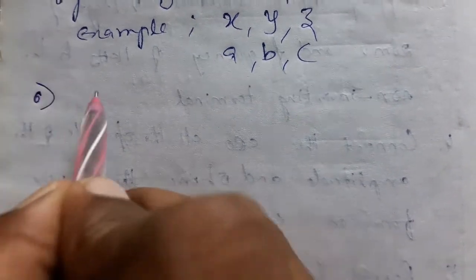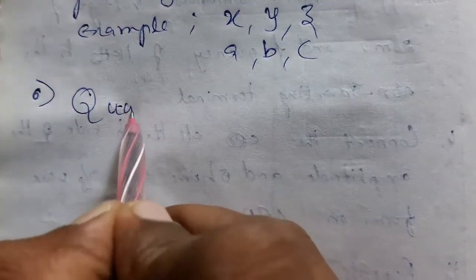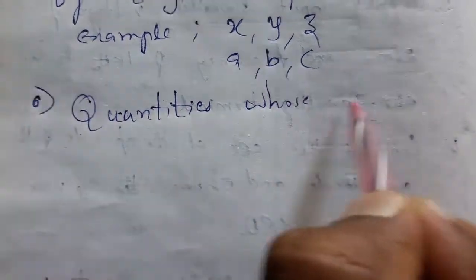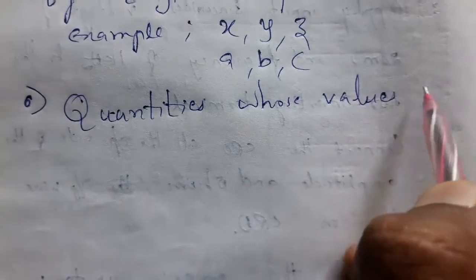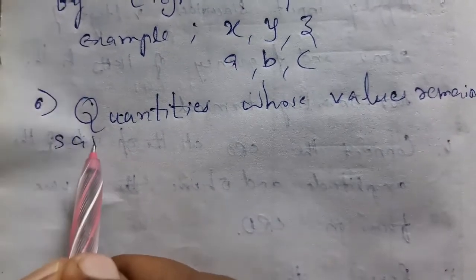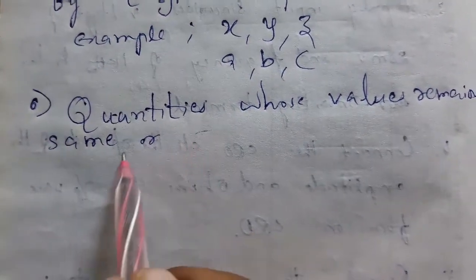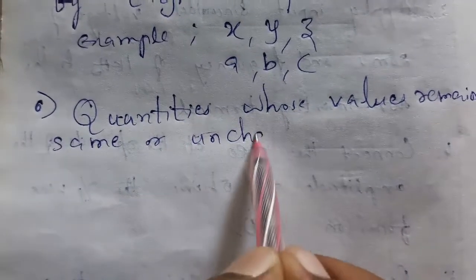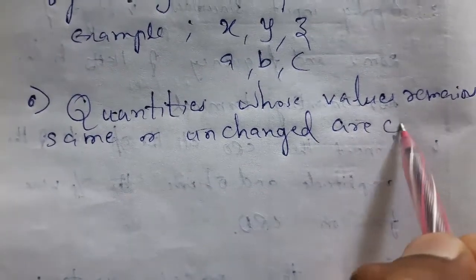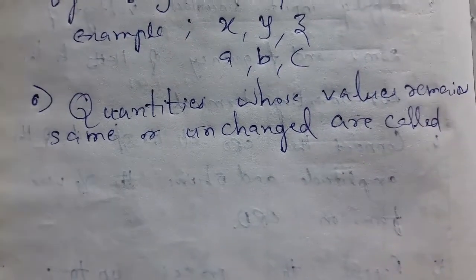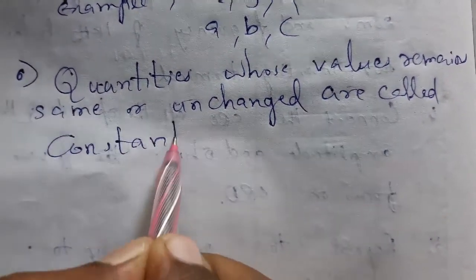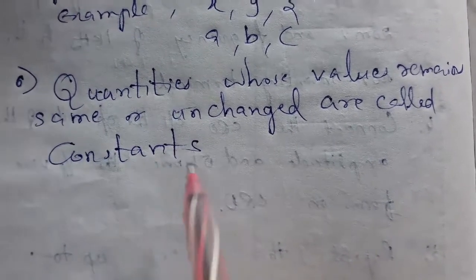Next point, quantities whose values remain same or unchanged are called constants.